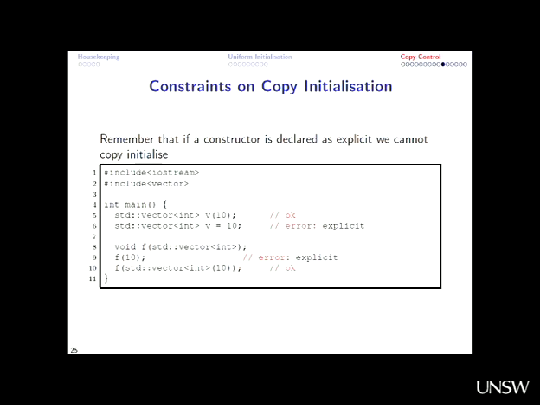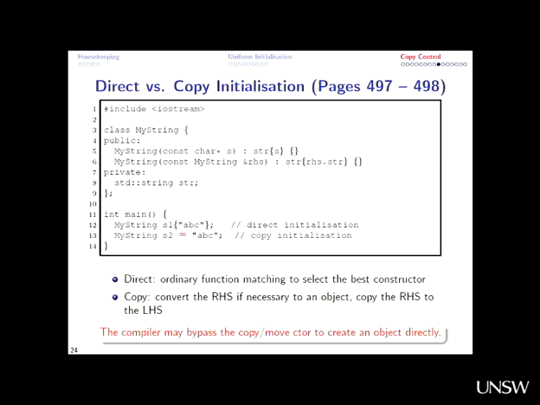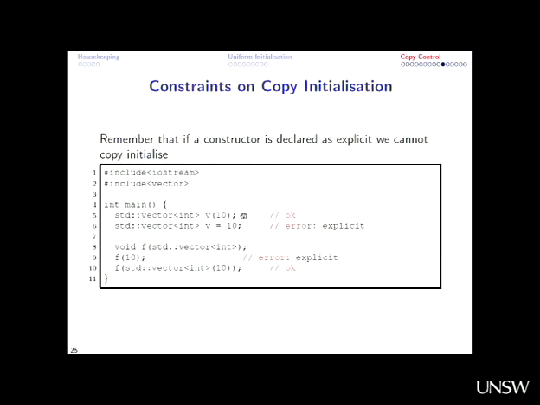There are problems that can occur depending on whether or not our constructors are declared as explicit. To go back to the previous slide, the reason why this doesn't work, say if this constructor was declared explicit, is simply because we can't do that conversion to the string the same as we can if we do it this top way. So be aware of these things.